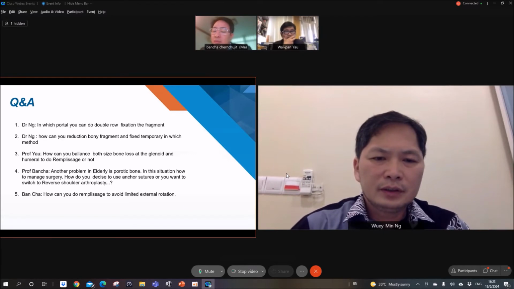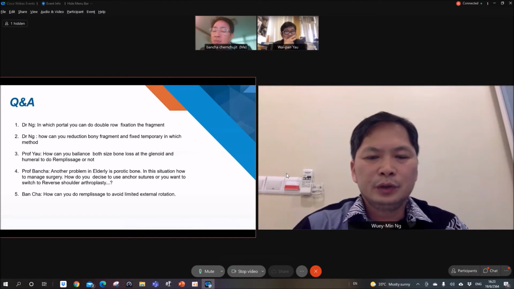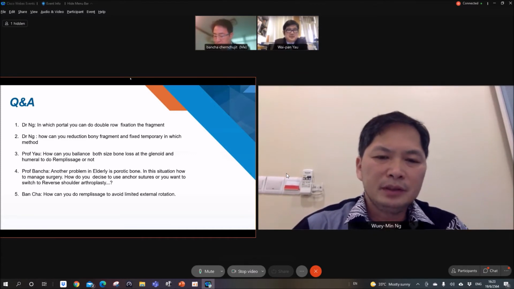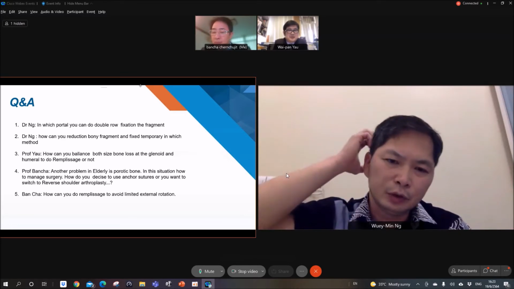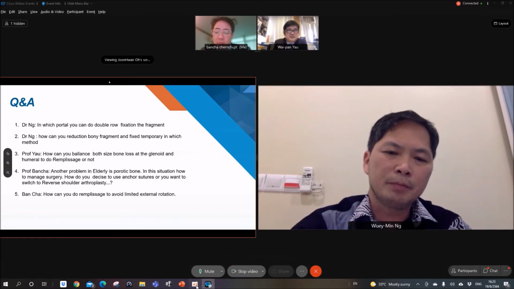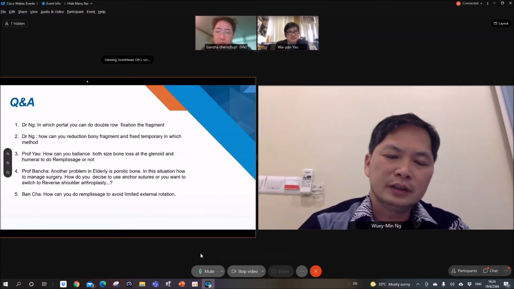For the second question, reduction of the bony fragment usually is not an issue because you do it fairly early. Most of the literature says you need to do it before 3 months, but usually I do it within 1 month or 2 weeks. For temporary fixation of a big fragment, you can use a K-wire to drive through, but usually you hold it with your grasper on the labrum and capsule complex, not directly on the bone piece, tensioning the IGHL in the soft tissue.